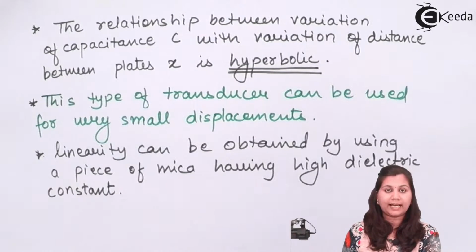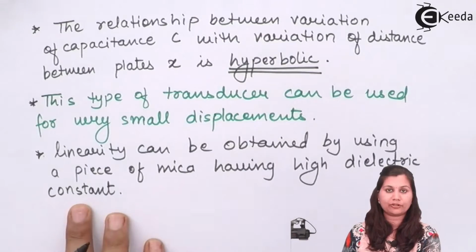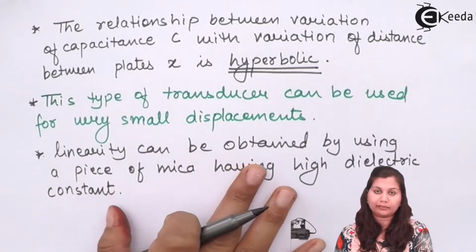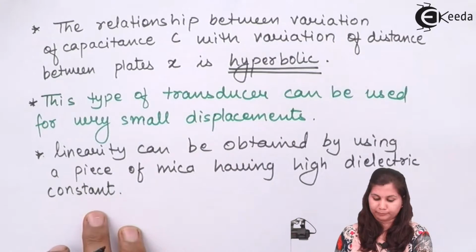So by using a dielectric material like mica, which has a very high dielectric constant, the linearity can be obtained in this type of capacitive transducer.